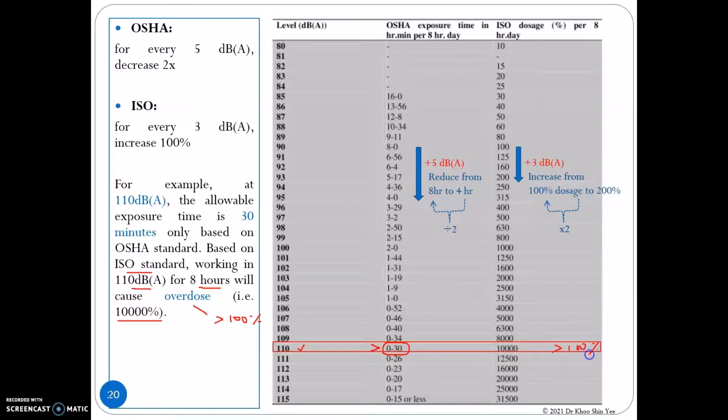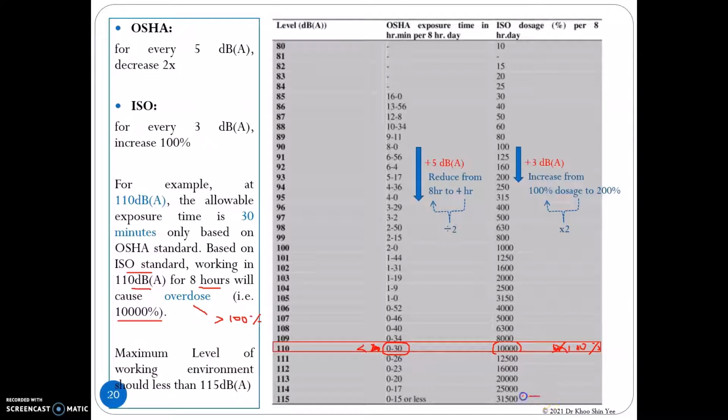So you can see that if we stay longer, up to 8 hours per day, then it will cause the overdose. On the other hand, if we stay less than the maximum allowable time here, then the percent of the dosage will be reduced to less than 100%.